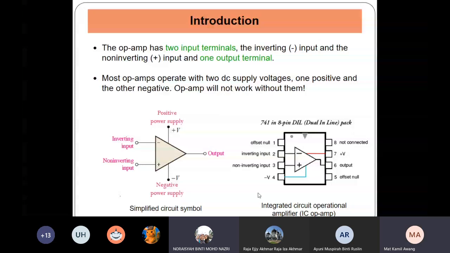It depends. It can be 1 and it can be 2 separate power supplies. Normally on circuits, for example in your handphones, you only have one battery, so it's actually being provided by 1 power supply.